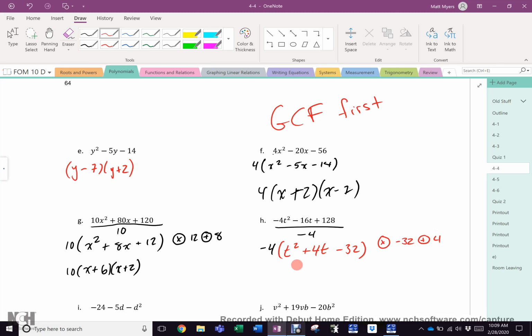Is negative 8 plus 4 positive 4? Negative 4, positive 8, right? Now, let's say he writes it down backwards. But he did this right, and it is 8 and 4, isn't it?